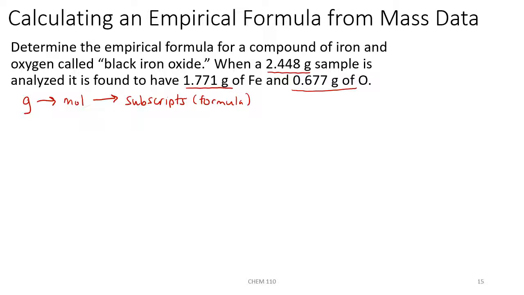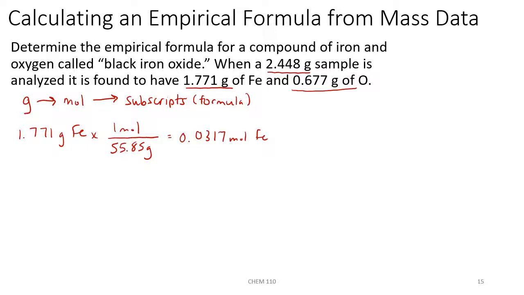So let's start with iron. We have 1.771 grams of iron, and we're going to convert that to moles. So looking at the periodic table for the molar mass of iron, it's about 55.85 grams per mole. And when we calculate our moles of iron, that's going to be 0.0317 moles of iron.